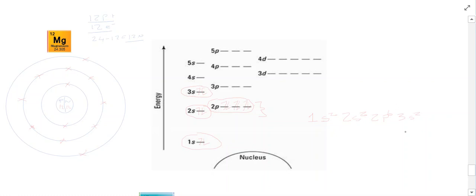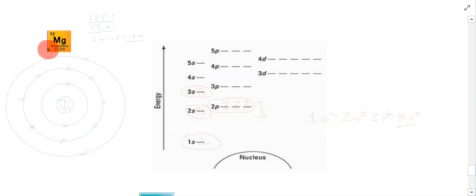We can see that the outer electrons, or valence electrons, are within an s orbital. What that means is that magnesium is an s block element.